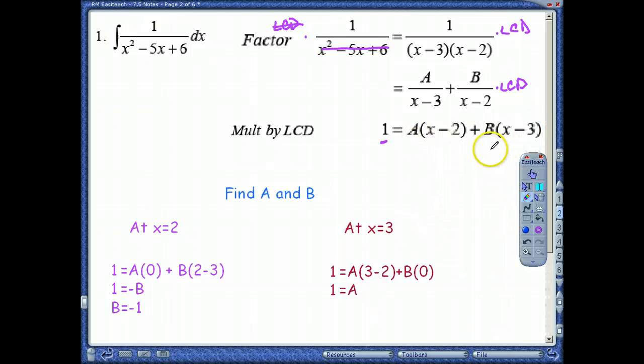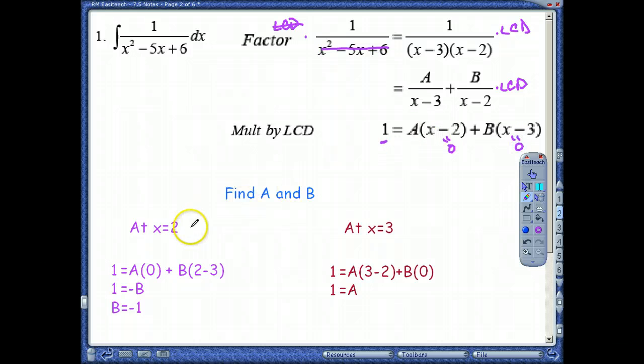Now I need to solve for A and I need to solve for B. If I want to solve for B, I need to knock A out of the picture. I know that A is multiplying by x minus 2, so if I choose x equals 2, that's going to give me 0, knocking out my A. I'm going to pick values for x that are going to give this guy equal to 0 and this guy equal to 0.